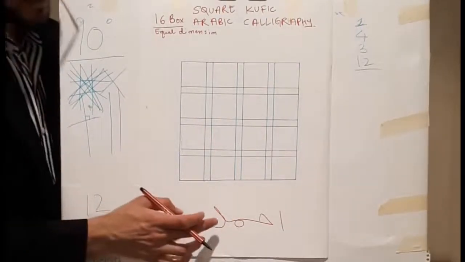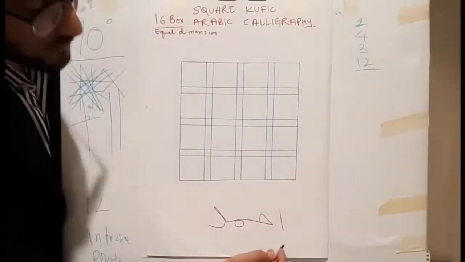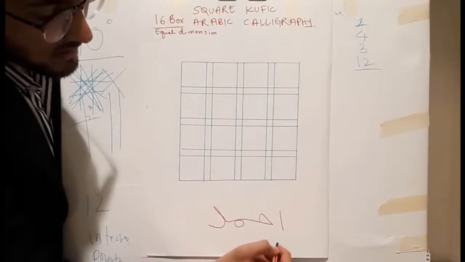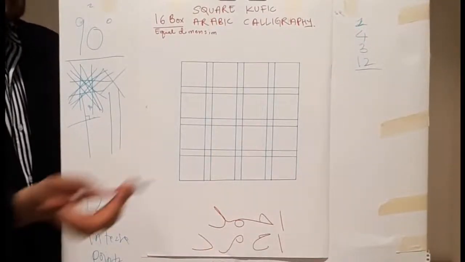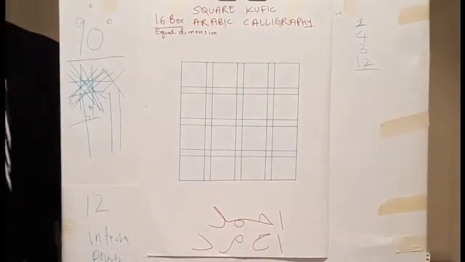So you have one name which has 4 letters: Alif, Ha, Meem and Dal. And you have to fill these 4 letters into 16 boxes.